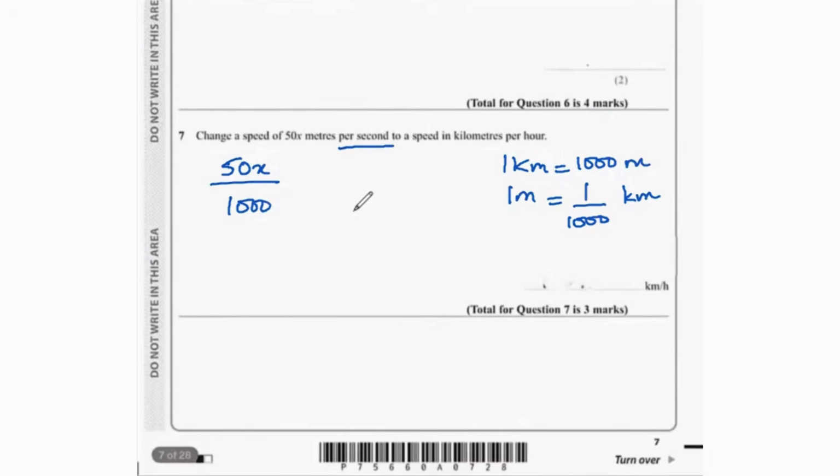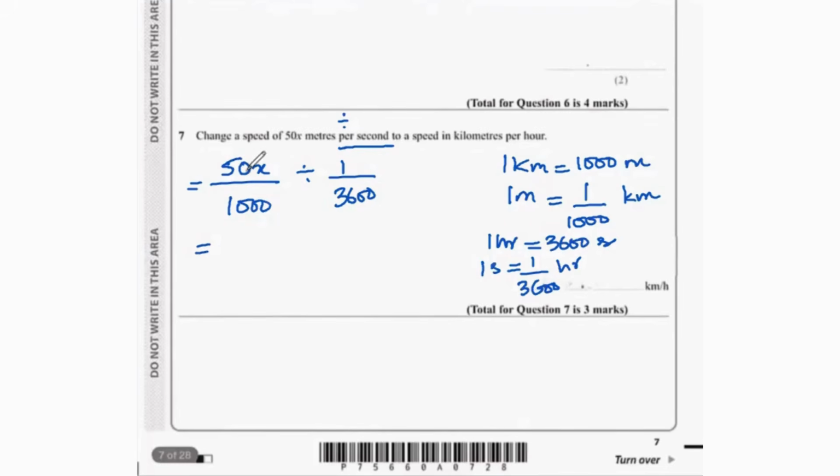Then it's per second. Per second means that we are dividing by seconds. 1 hour is 3600 seconds, which means 1 second would be 1 over 3600 hours. So divided by 1 over 3600. Remember, per is division.